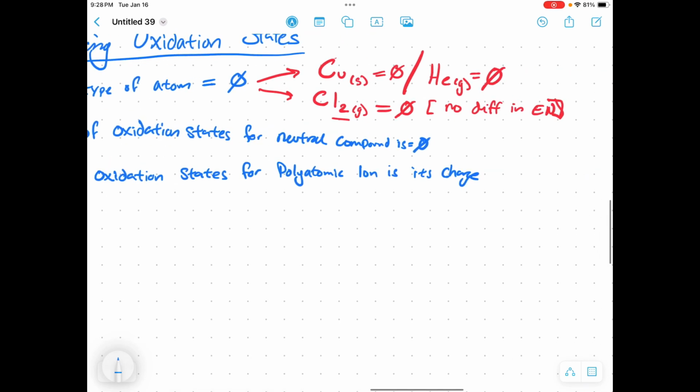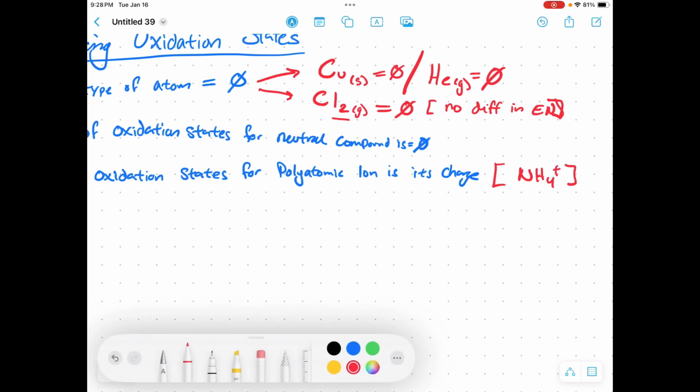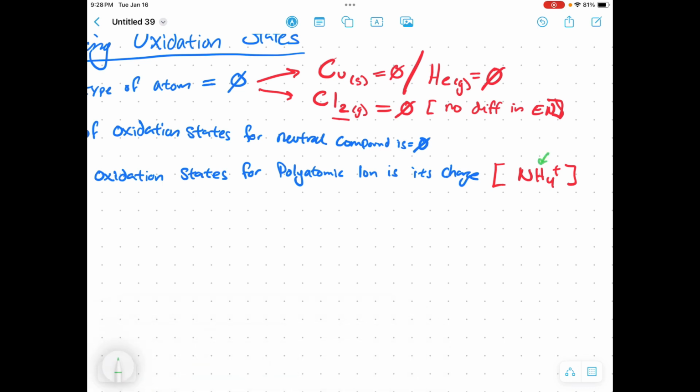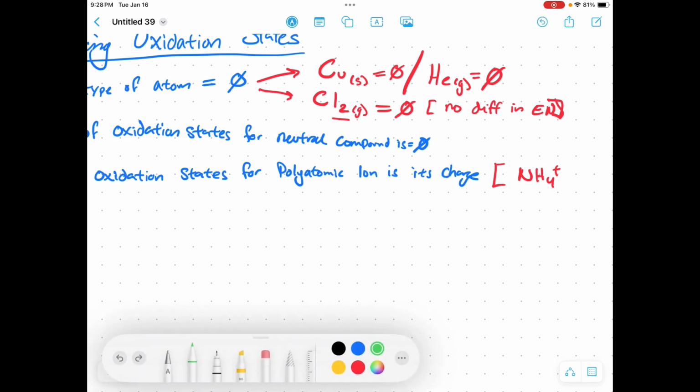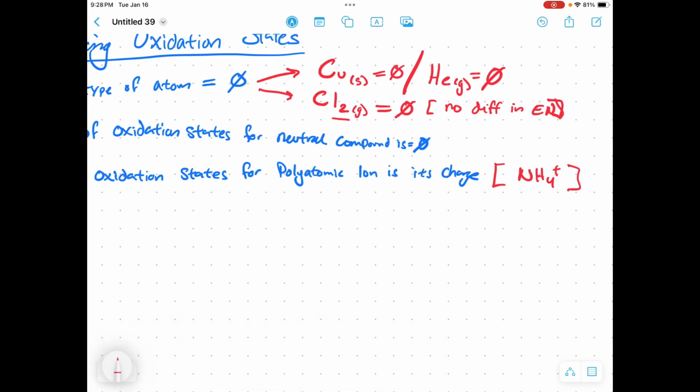So I don't think we have an example for that. So like for example, if we have something like NH4 plus, when I do the oxidation states for each of those, I'll say, oh, each hydrogen is going to be, well, actually, let's do the next rule and then we'll come back to this. And we'll kind of do that as an example together.